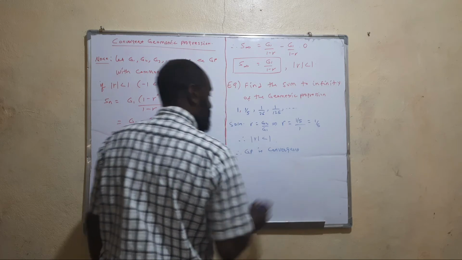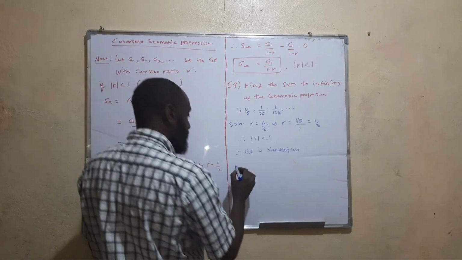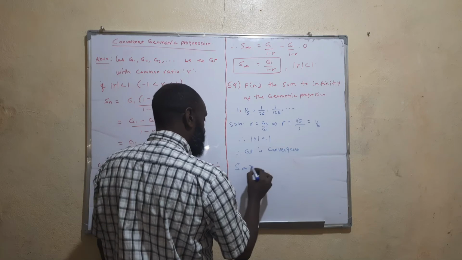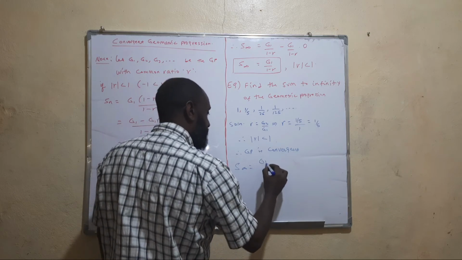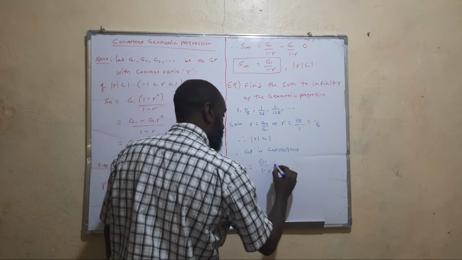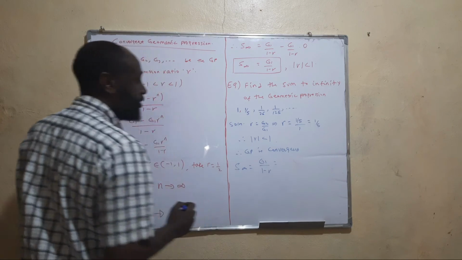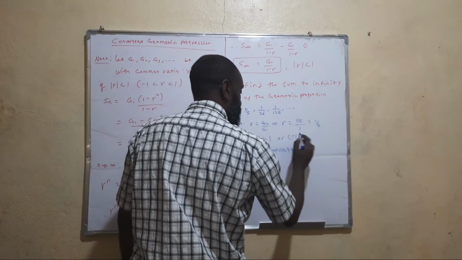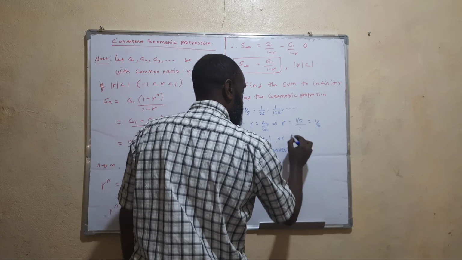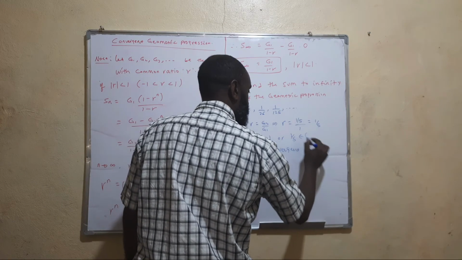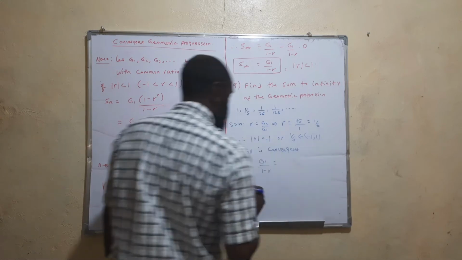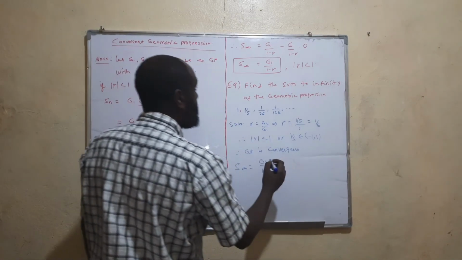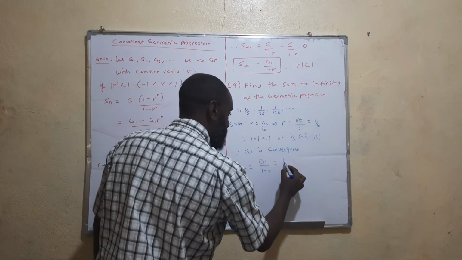Therefore, S, the infinite sum, is simply given by G1 over 1 minus R, because it is convergent, since 1 over 5 lies in between minus 1 and 1. So G1 is how much? G1 is 1.